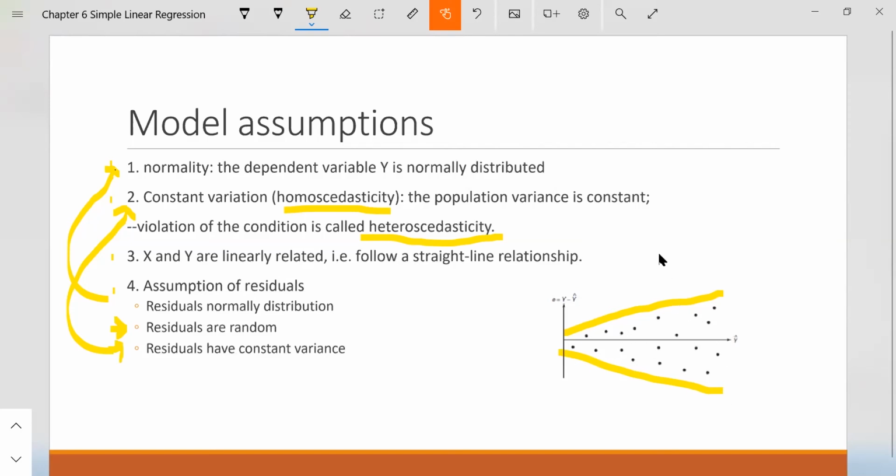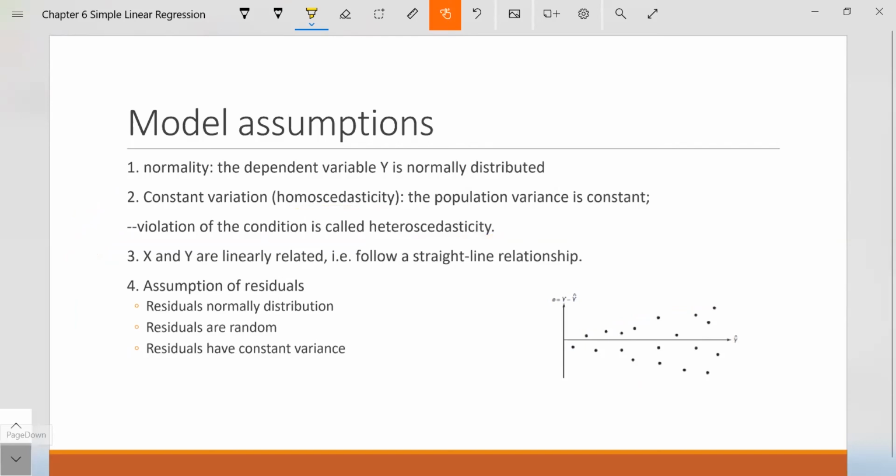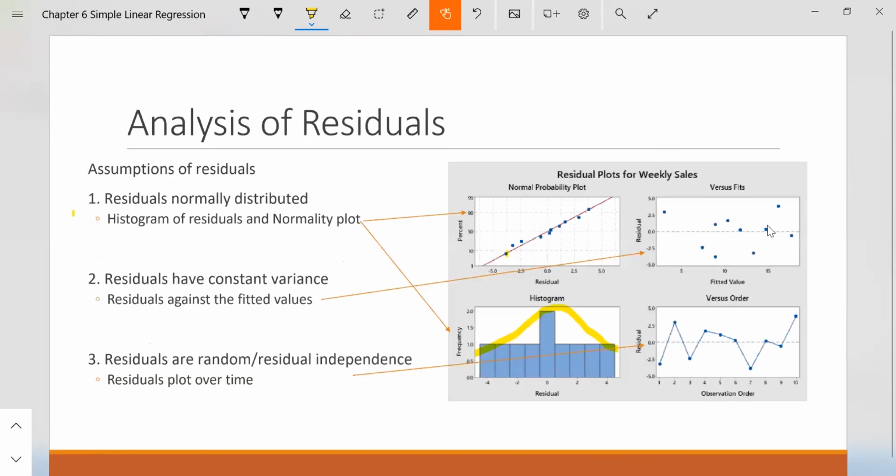In this situation, we say we have heteroscedasticity, and we say the assumption of constant variance is violated. Then we need to do something to fix it. Back to our case there, I don't observe anything like that, so we are good.